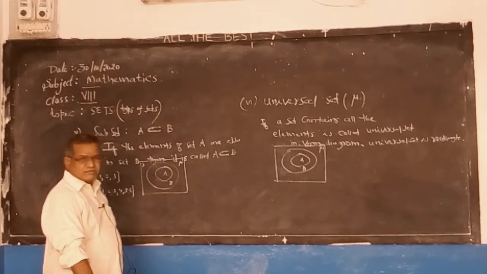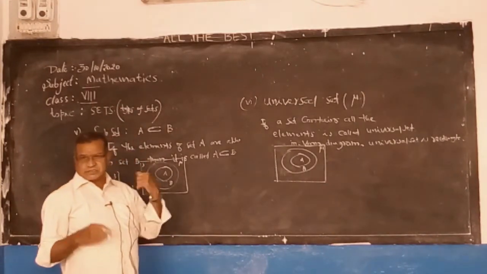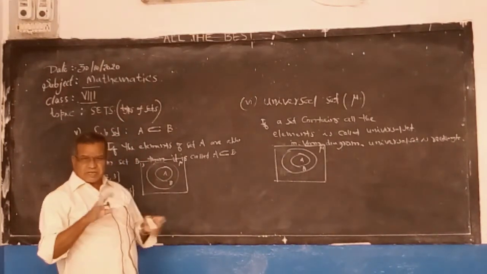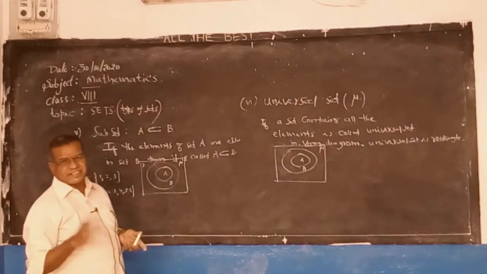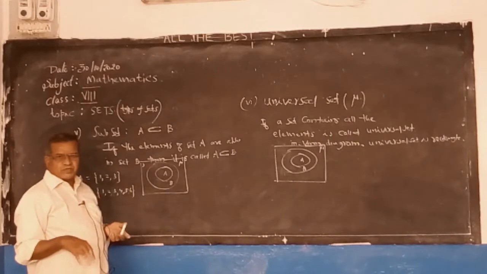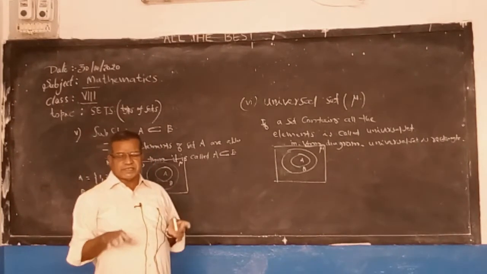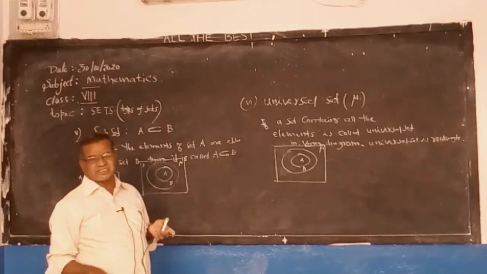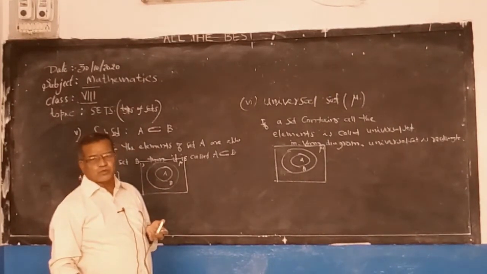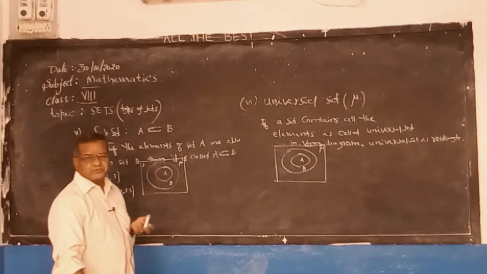India, we are Indians. So every state comes under the universal set. All districts will come under one state. Here, speaking regarding Telangana state, Telugu people is the universal set, Telangana and Andhra.